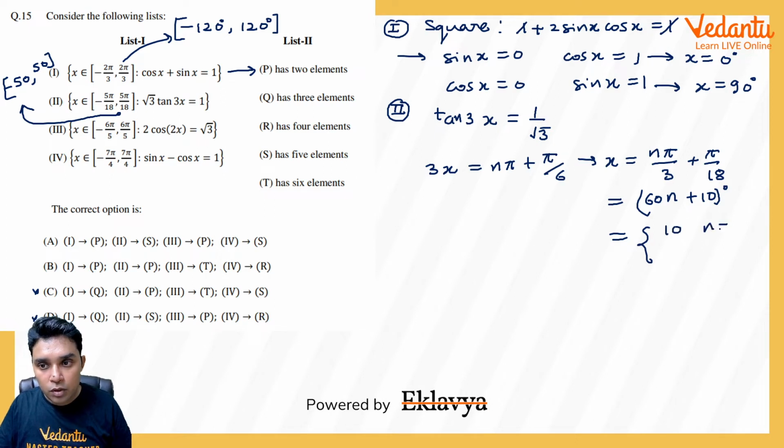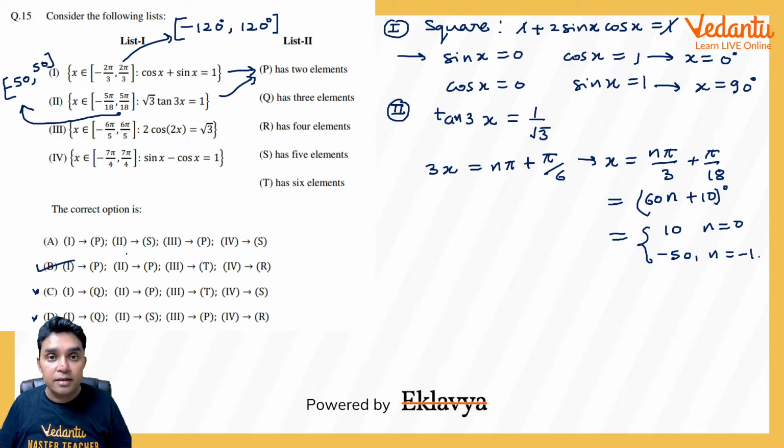If I choose n as minus 1, it will be minus 50 here. Any other values cannot be obtained in this interval. So once again, this is also having two elements. So you can see second is also having P answer, so I think answer should be B. Only by solving two options we were able to get the correct answer.